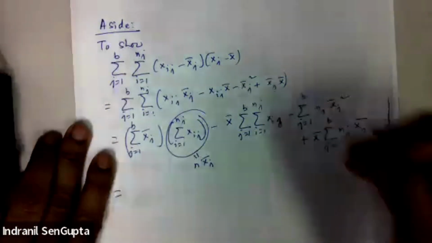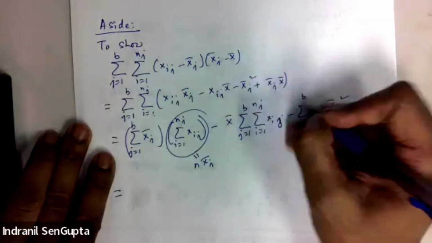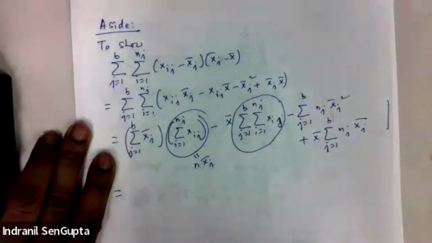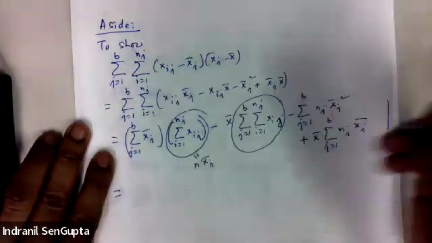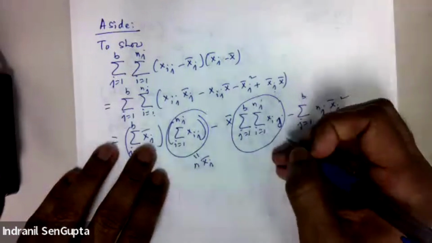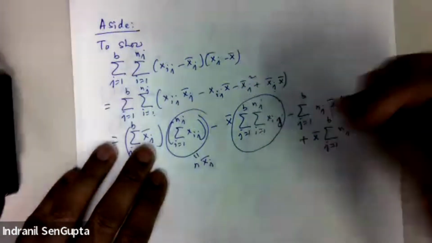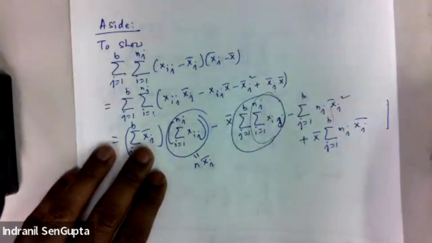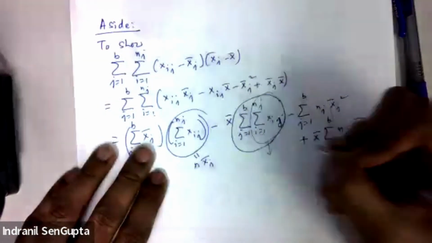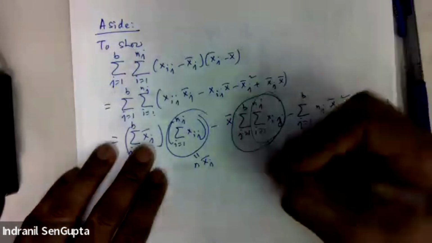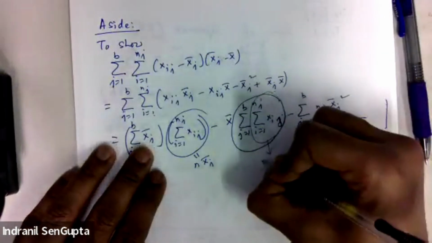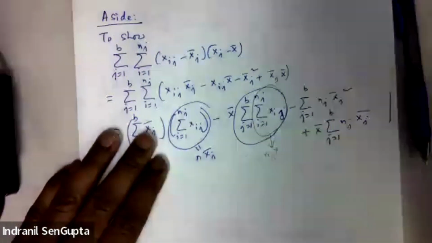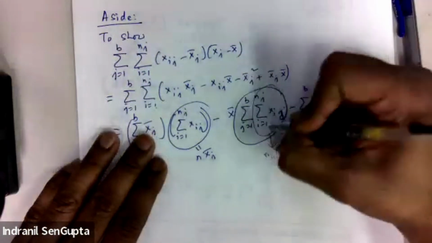And I can write this part as nj xj bar, sum over i.